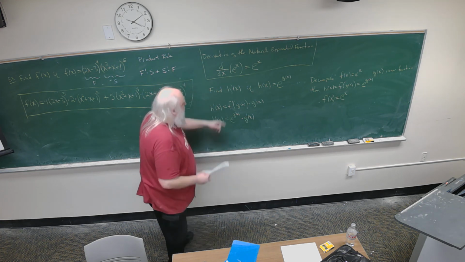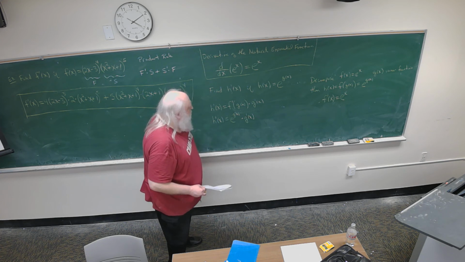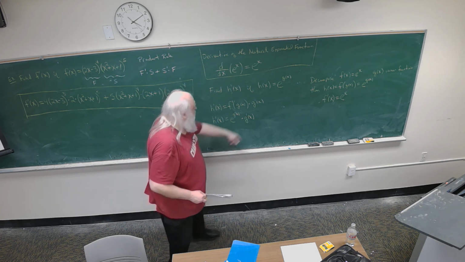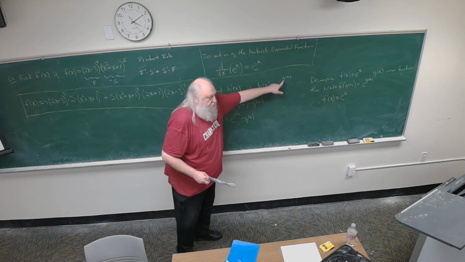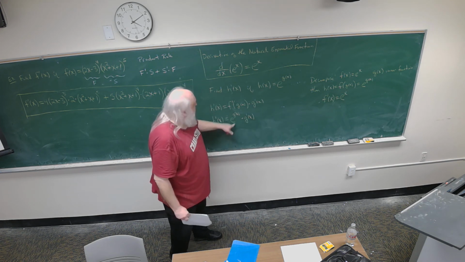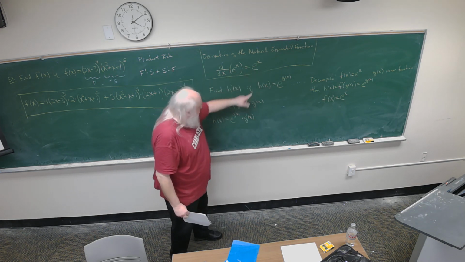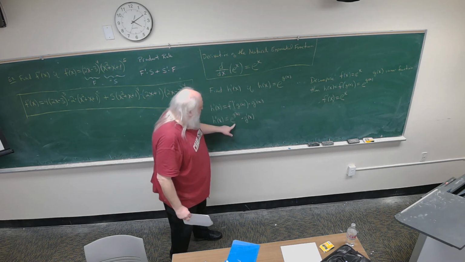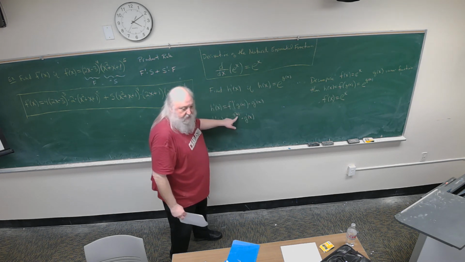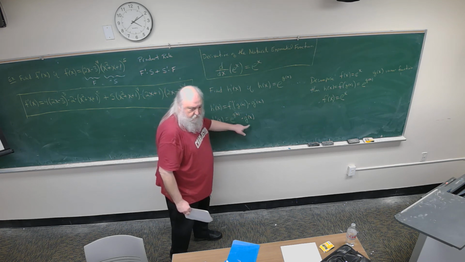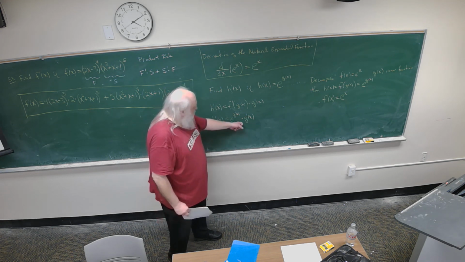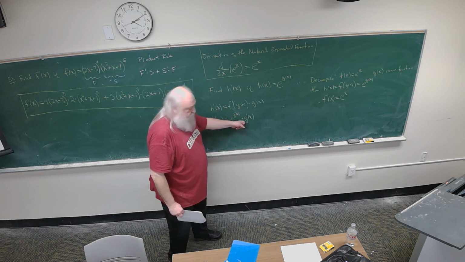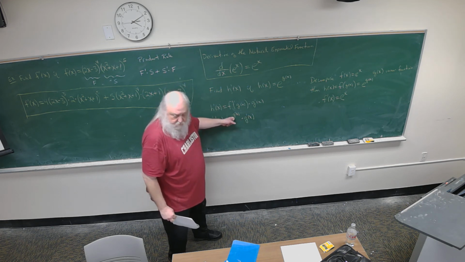So the derivative of h of x, e to the g of x, is itself, just like the derivative of e to the x is itself, times the derivative of the inner function, g of x. Remember, in the chain rule, you always end with the derivative of the inner function.